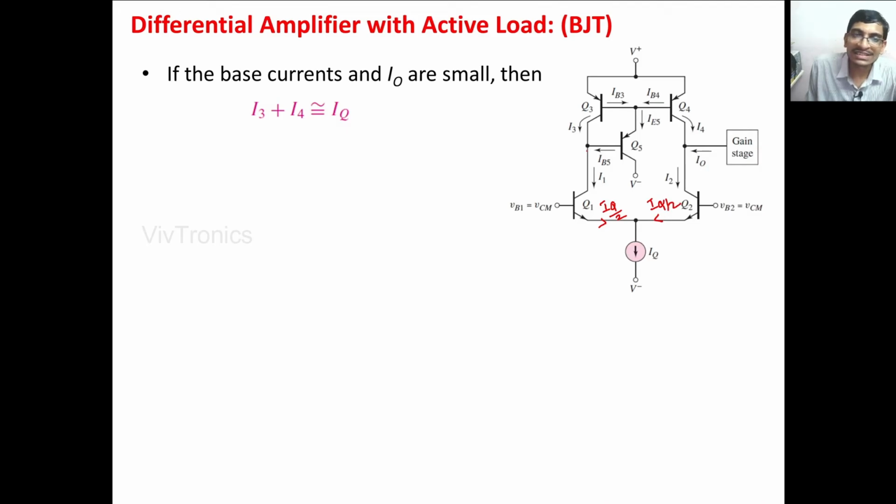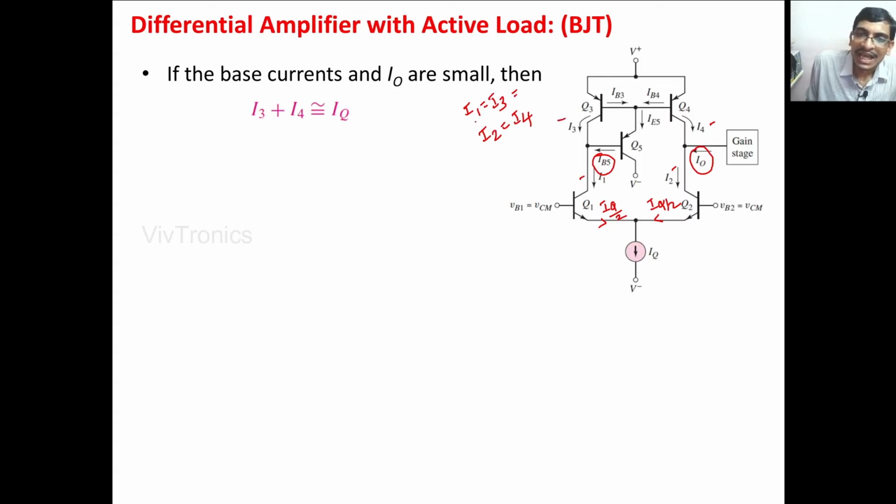Therefore, the currents at the collector terminal and emitter terminal are equal. Therefore, I1 is equal to I2 is equal to IQ by 2, and also I1 is equal to I3 and I2 is equal to I4 whenever we neglect the value of the I0 and IB5 currents.